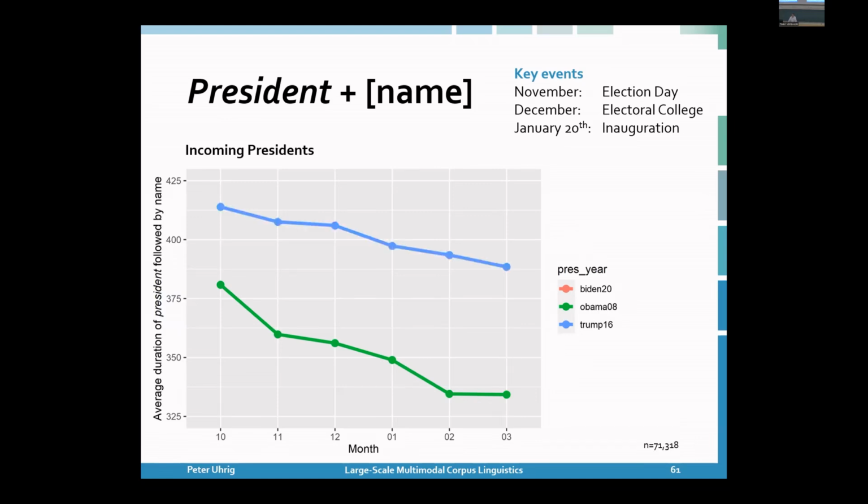Now, let's look at Trump. This happens at a different level, but we have the same pattern. It starts here. Now, it turns out a lot of people used President Trump already in October 2016, in the 10th month, basically to prepare.